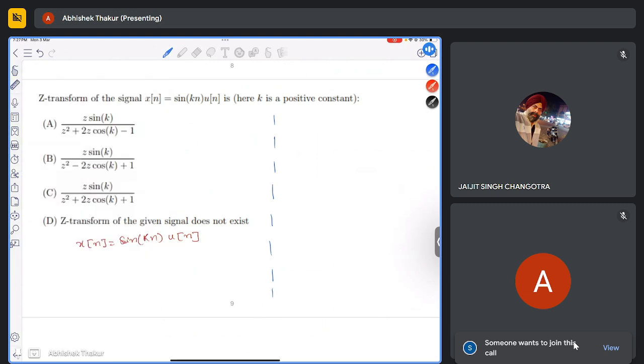Before that, we will see what is the Z transform of an exponential. Let's suppose xa of n is equal to e to the power of minus a n u of n. So what is xa of z?